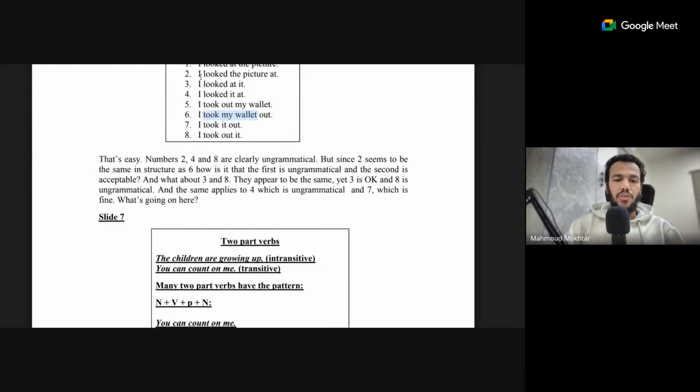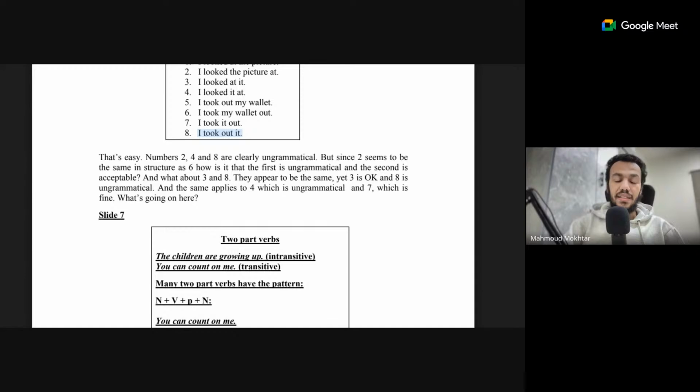And what about three, I looked at it, and eight, I took out it? They appear to be the same, yet three is okay and eight is ungrammatical.